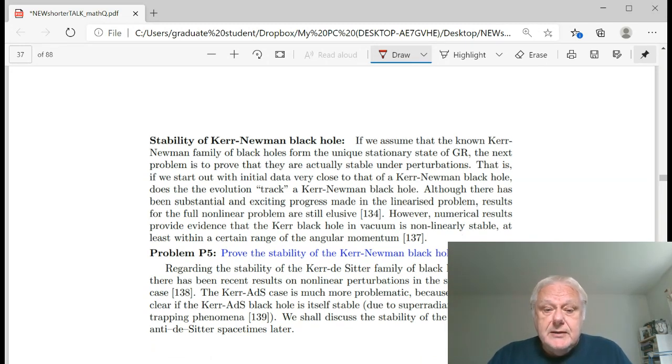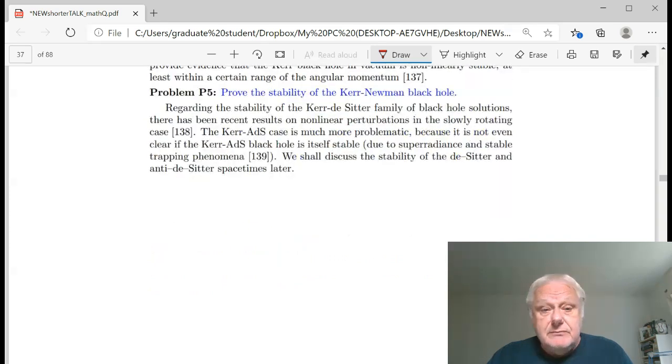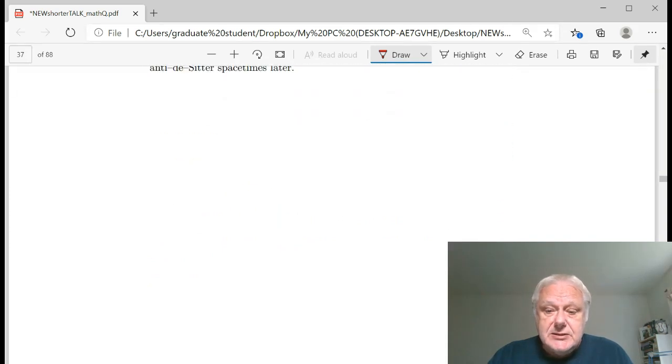There is some progress in the case of Schwarzschild, but the Kerr-Newman, the Newman is the generalization of the Kerr solution, the Kerr-Newman has not yet been proven to be stable, and this is an area of intense research currently being undertaken within both general relativity and analysis in general.